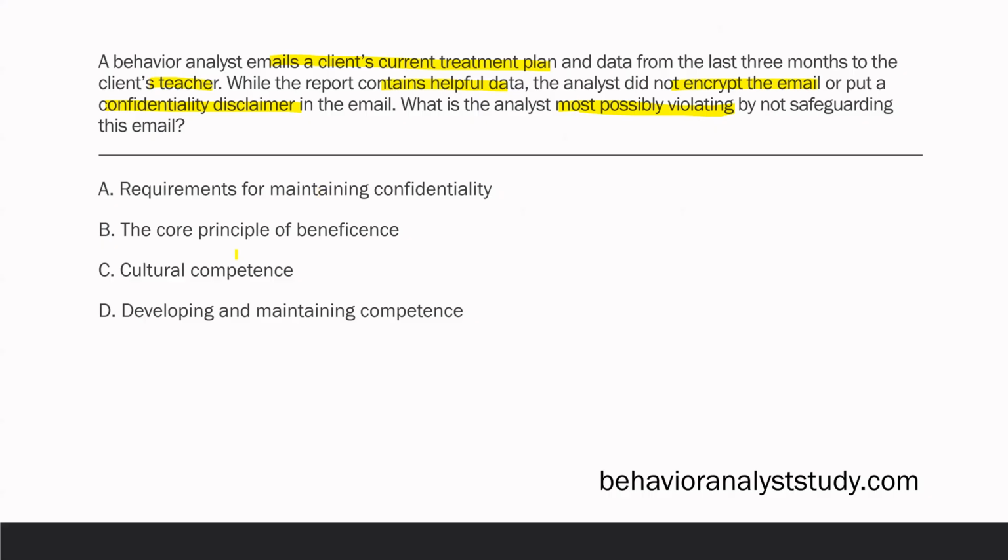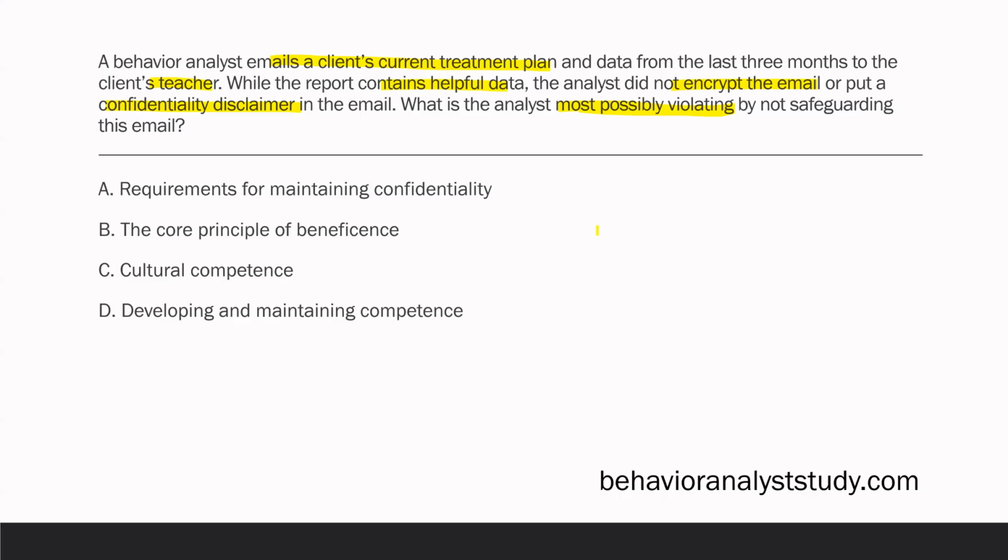The core principle of beneficence would just be doing good. And it's not necessarily not doing good by not putting the disclaimer, but they're not maintaining confidentiality. C, cultural competence. There's nothing in here about cultural issues or relevance. And then D, developing and maintaining competence.